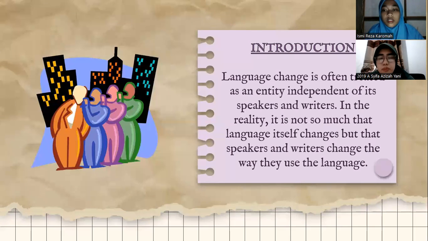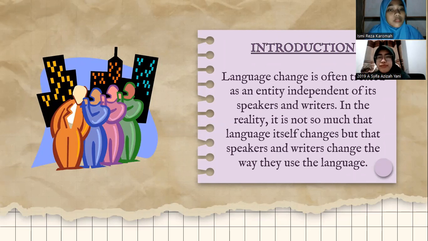So, language change is often treated as an entity independent of its speakers and writers. In reality, it is not so much that language itself changes as the speakers and writers change the way they use the language. Speaker innovation is a more accurate description than language change.